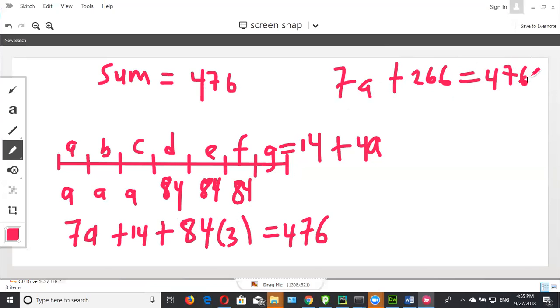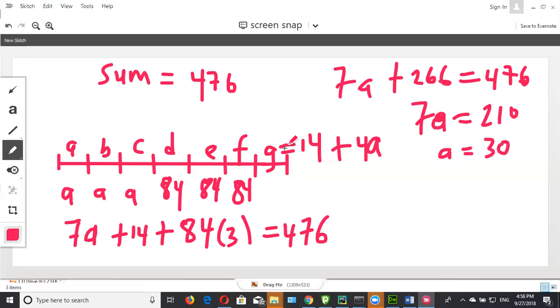And then we can solve for A from here. So 476 minus 266 is 210, so 7A equals 210, which means that A equals 30.